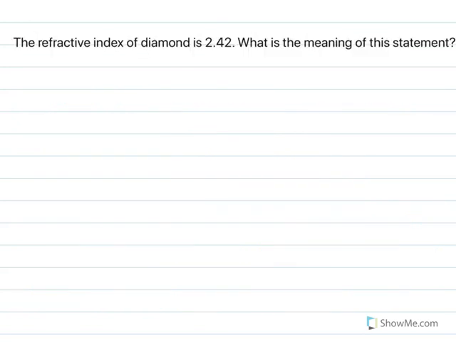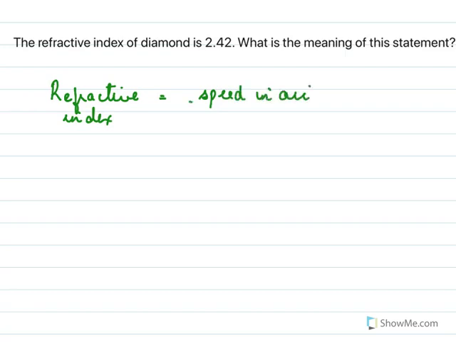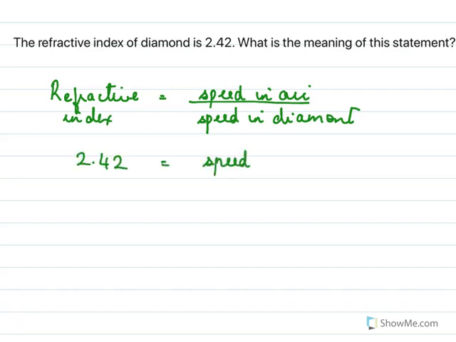The refractive index of diamond is 2.42. What is the meaning of this statement? We know refractive index, in this case of diamond, is speed in air over speed in diamond. Refractive index here is 2.42, speed in air over speed in diamond.